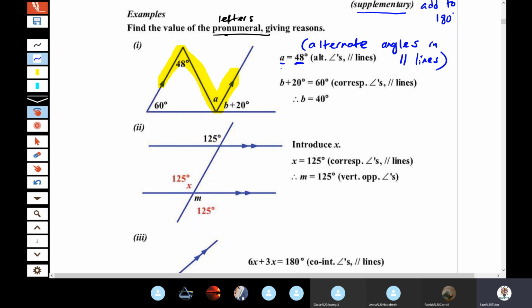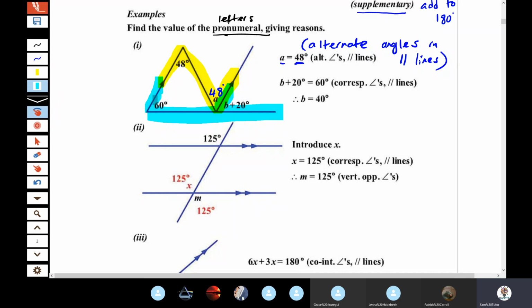Then what I would do if I found that out straight away, I would actually put it in. I'd be like, okay, I know that's 48 degrees. Right? I can see that's 48. The next thing I'm looking at is this b plus 20. And there's actually two ways of getting that out. So you can see if I draw a straight line there and these two are parallel, I've got an F happening. Can you guys see that F?